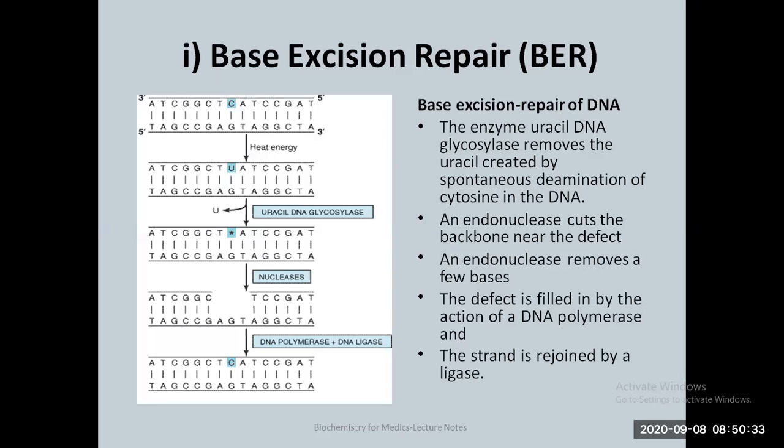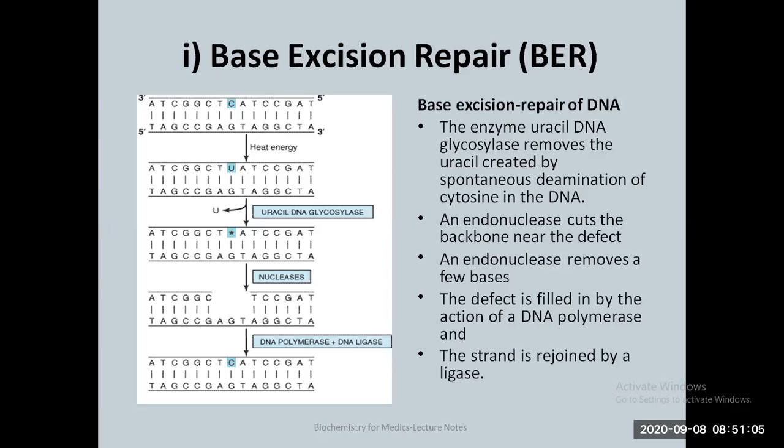So base excision repair, if you see the example here, you can see you have a 3' to 5' and 5' to 3' strand here, and heat energy will be automatically given. So for example, here cytosine will become a uracil after heat. So uracil DNA glycosylase will act on it, and it will remove the uracil, right?